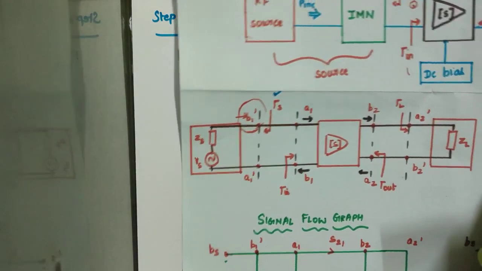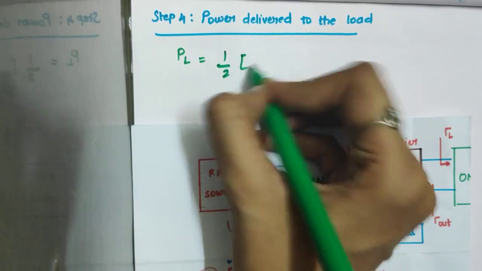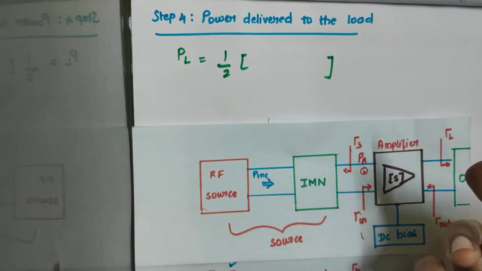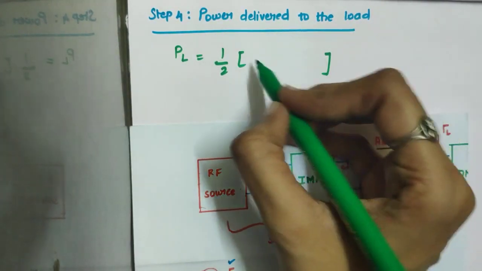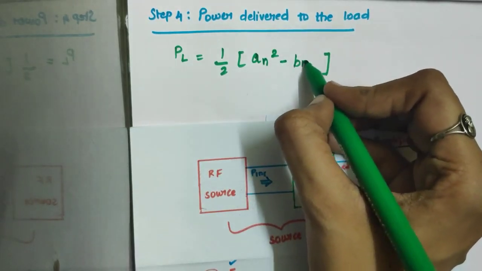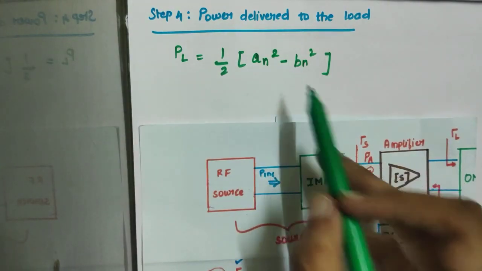Now once again, referring to the block diagram, we know power is 1 by 2 into the reflected power. So it is half of the formula that we have derived already. The net power was half of an square minus bn square, which means the incident power minus the reflected power.